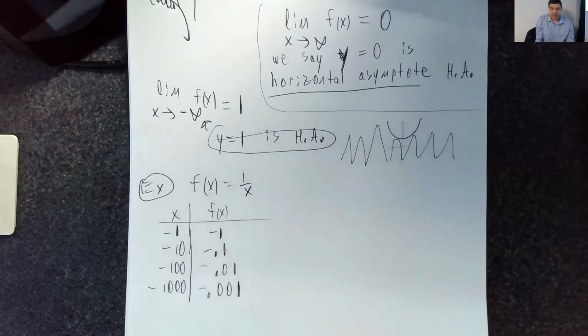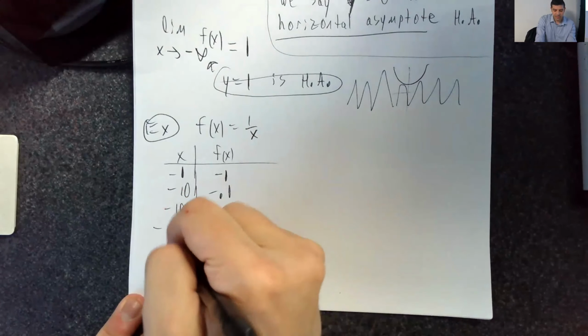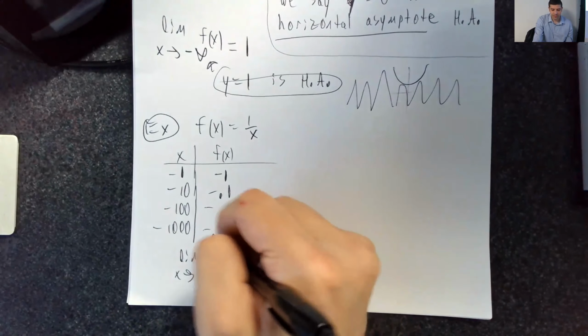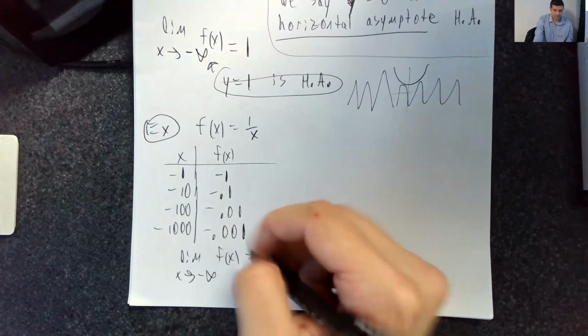We can keep doing it until we detect the pattern, but we kind of have it. So what's the pattern? x is getting really super negative. Where are the y values going? They're going to 0. They're negative, but they're getting smaller and smaller.